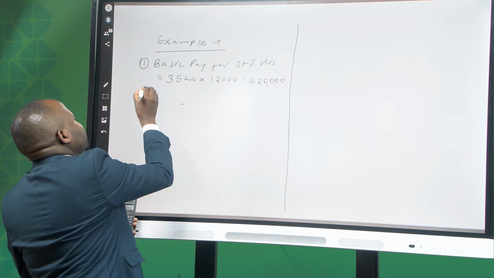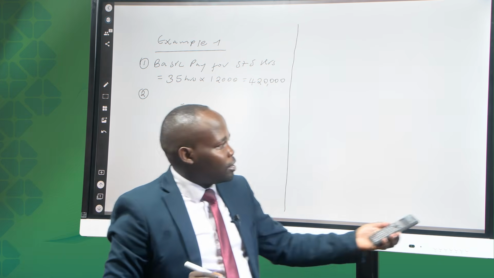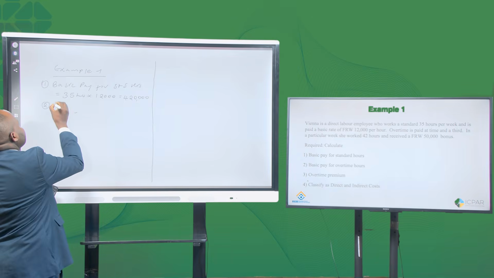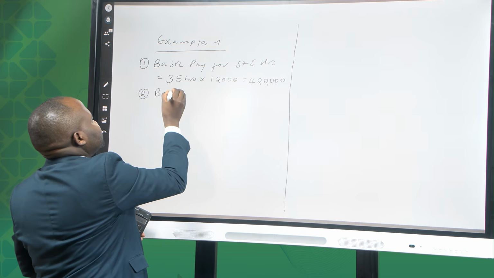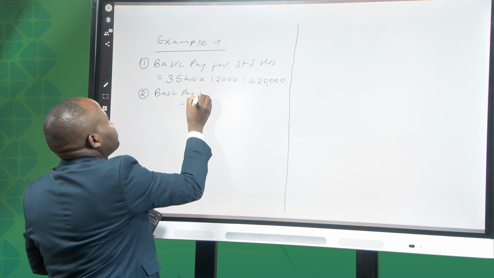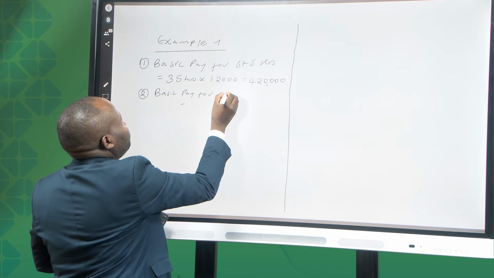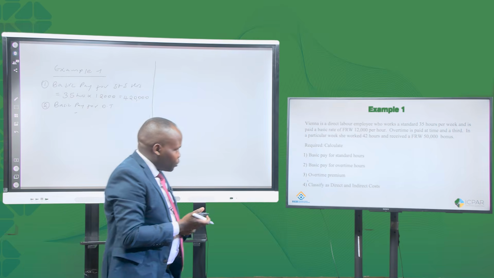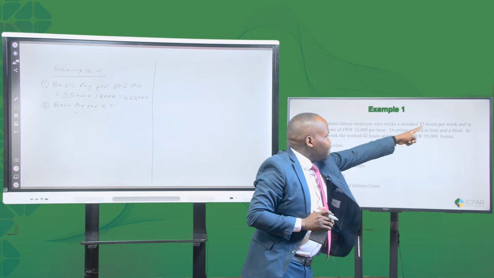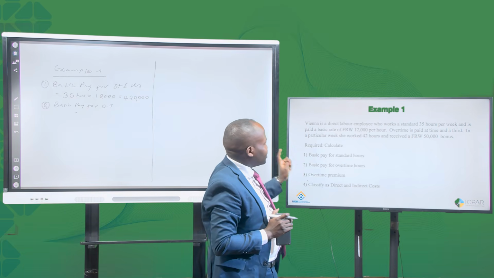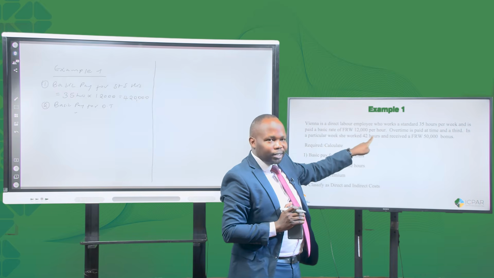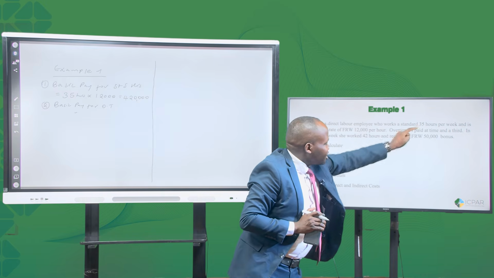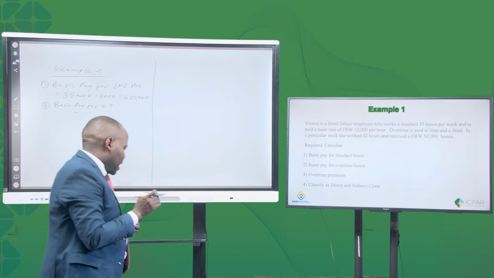Number 2, we are now looking at the basic pay for overtime hours. The employee was supposed to be working 35 hours, but they worked a total of 42 hours. So they worked an extra 42 minus 35, which is 7 hours.